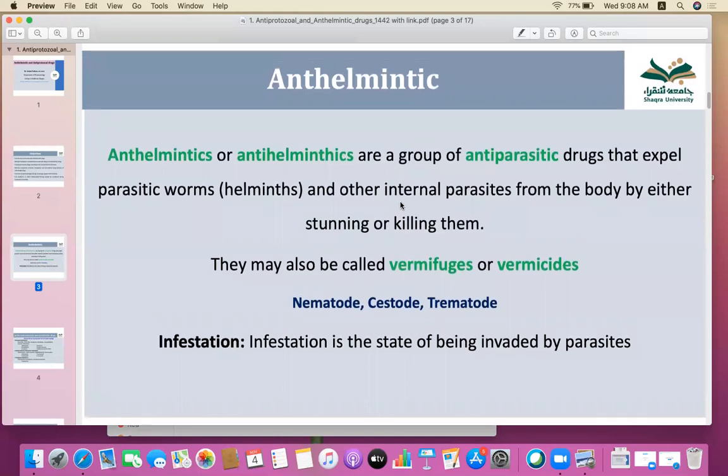First, let us clear the term anthelmintic. The term anthelmintic has many synonyms.